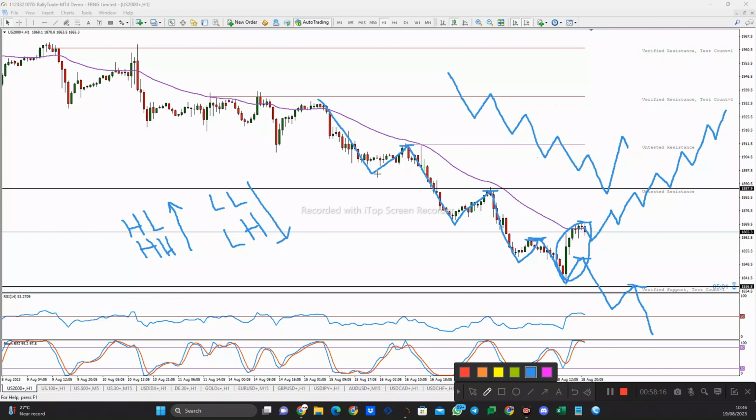Look at this downtrend, right? This is a high. This is another high. This is the first high, the second, the third, the fourth, the fifth.